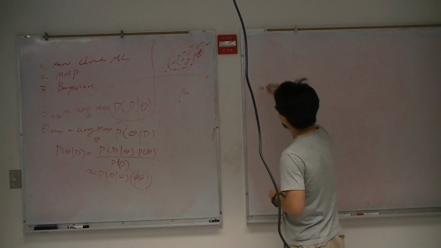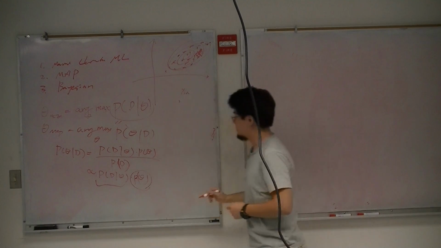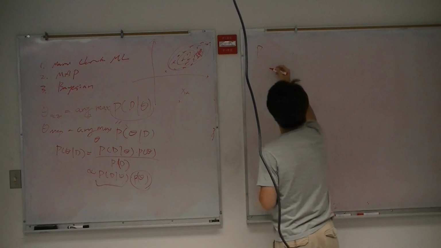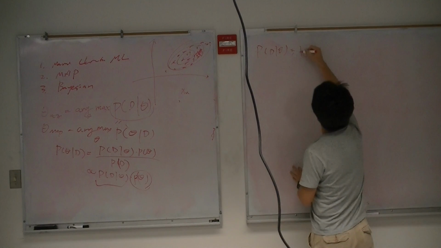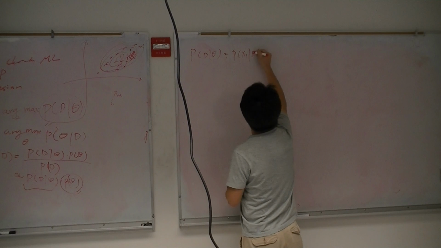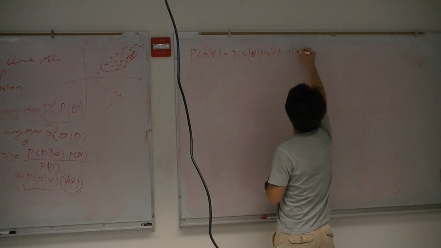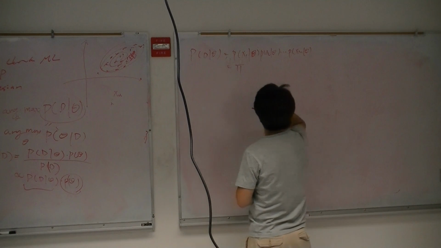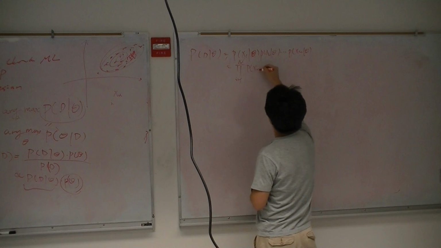Remember this term. This time we still have a bunch of data. P(D given theta) is equal to P(x1 given theta), P(x2 given theta), P(xn given theta), which is equal to the product over all the data we have.